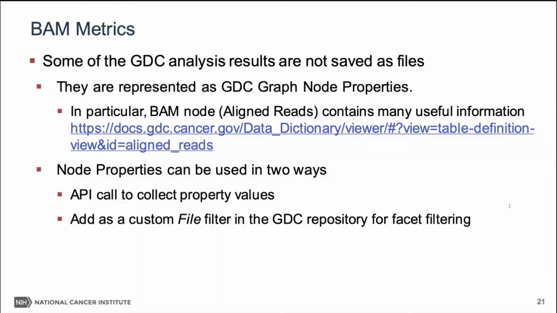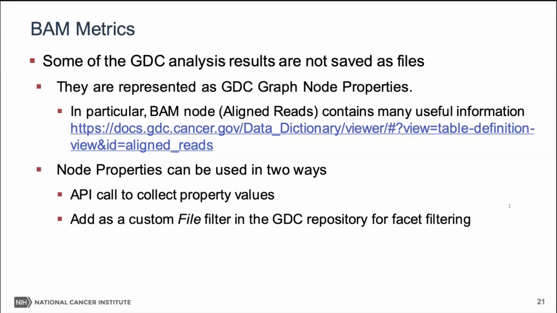Because some of the analysis results are just one value, and having those as files is redundant. And also, we do want to use the majority of these analysis results as facet filtering properties in the GDC portal. So they are presented as GDC graph node properties.